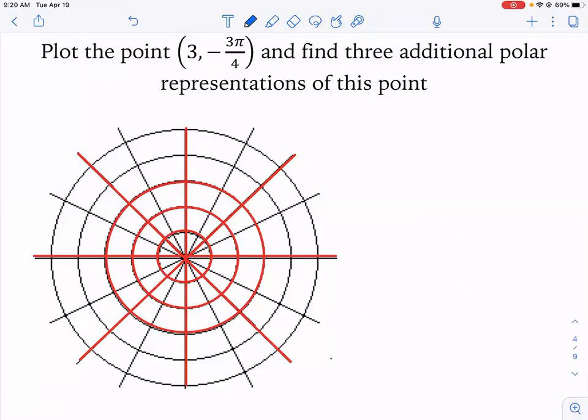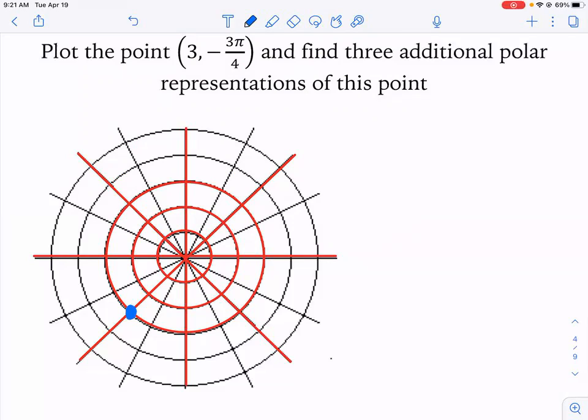So if we're gonna rotate -3 pi over 4, what quadrant does that put us in? That puts us in the third quadrant. -3 pi over 4 would be right here along this angle right here, okay? So this right here is our -3 pi over 4, okay? So once we rotate there, we're gonna move out 1, 2, 3 on our concentric circles. There is our coordinate right there.